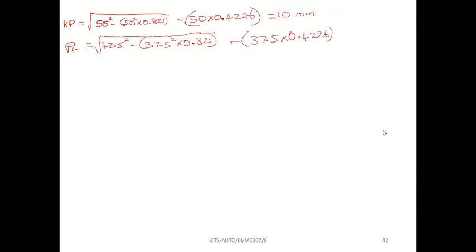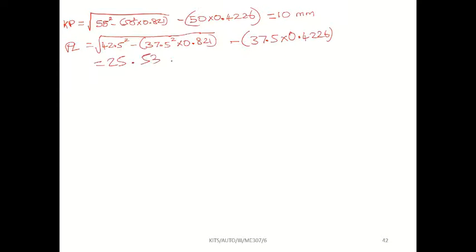Wait, let me do it. 1806 minus 1154, 652. So root of 652 is 25.53. For this term answer is 25.53.